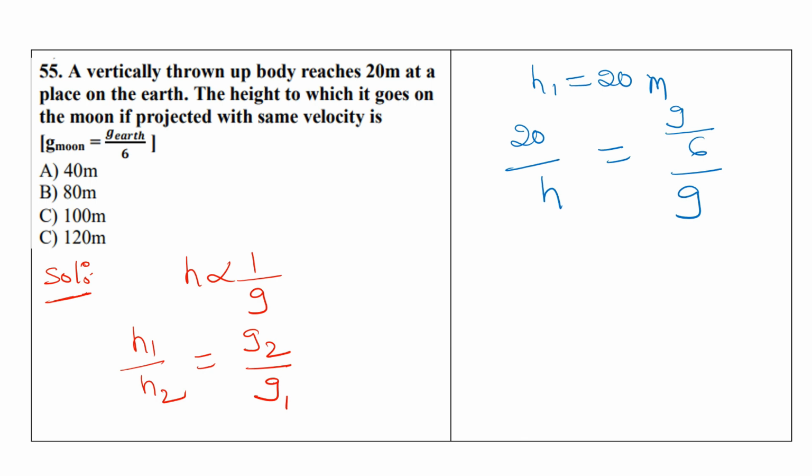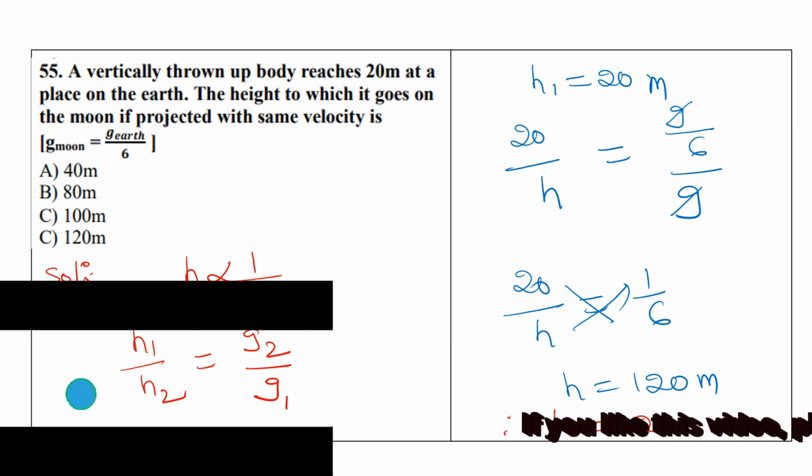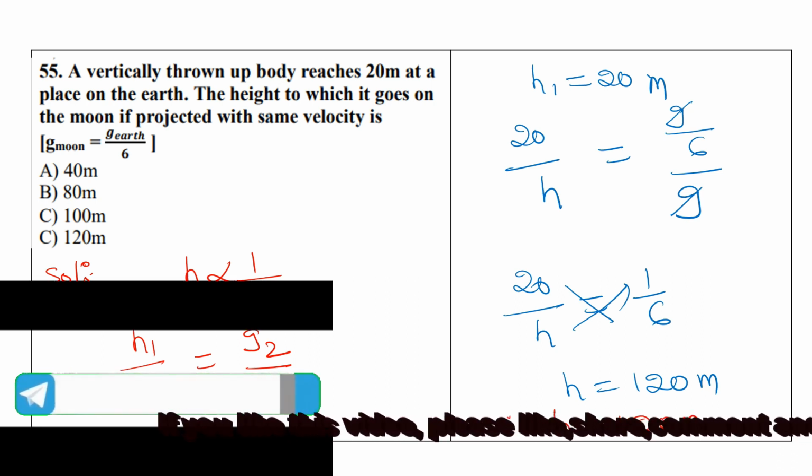So g gets cancelled. 20 by h is equal to 1 by 6. Now taking cross multiplication, h is equal to 20 into 6, 120 meters. So therefore h is equal to 120 meters.